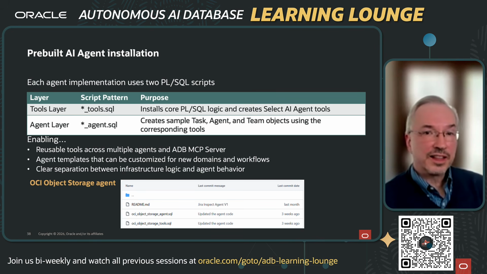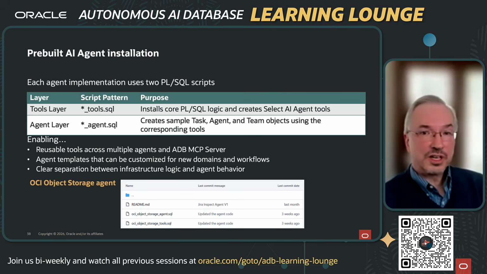And it's worth noting that you can reuse the pre-built agent tools in AI agents that you create. And these same tools can be accessed as MCP tools if you enable your autonomous AI database as an MCP server. The last session that I did for the Learning Lounge, we focused on the MCP server for ADB, and that will give you some greater detail as to how you might achieve that.